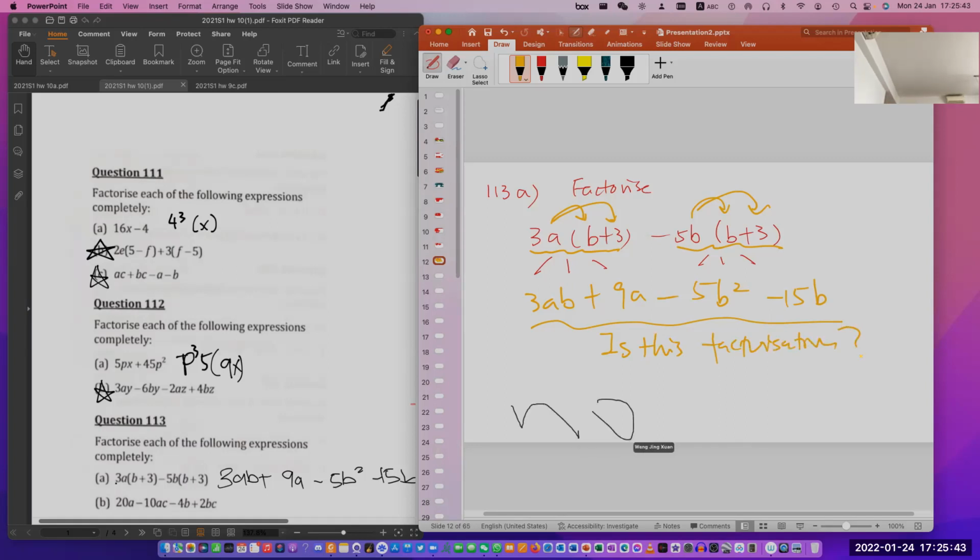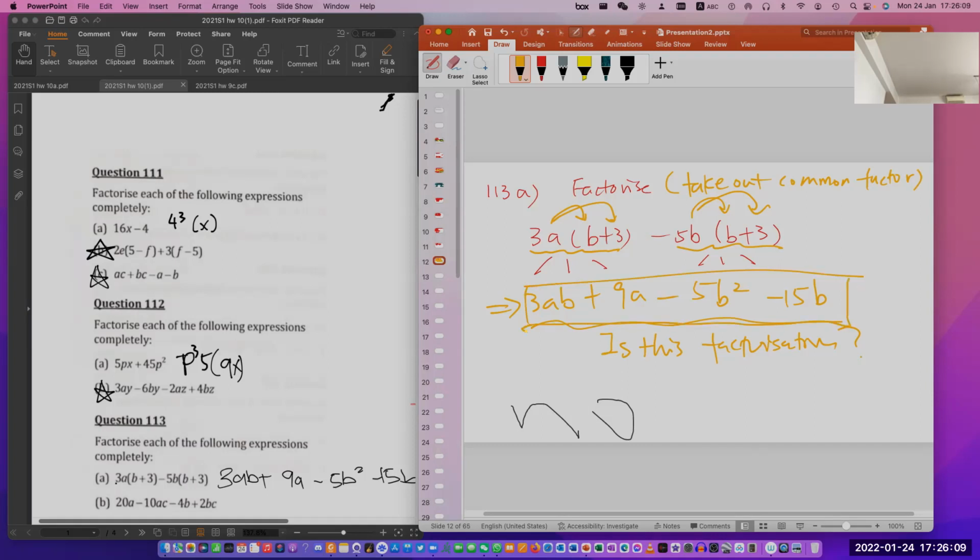No, right? Why not? Because if you end up with this, the question I ask you is, you are supposed to take out the common factor. Factorize means what? Take out common factor. I don't see any attempt by you to take out a common factor.